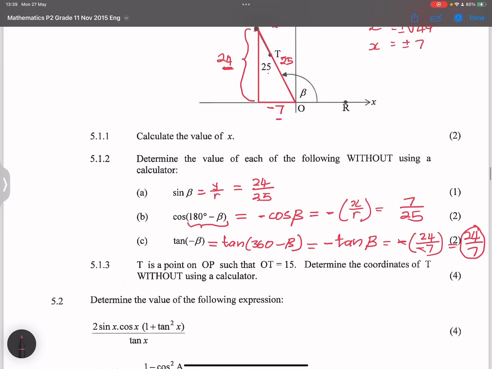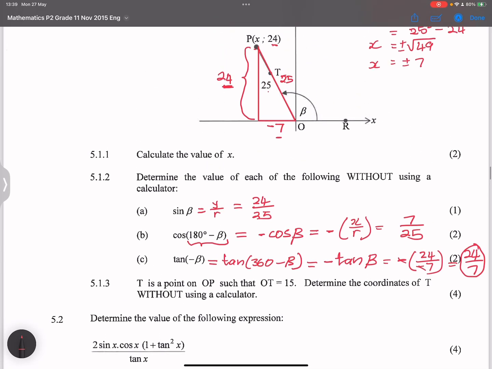So OP, there is T over there. So they are simply telling us that OT is 15 units. So now we've changed the r value, and they want us to determine the coordinates of T.